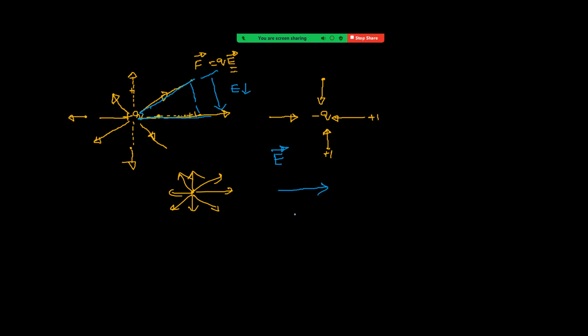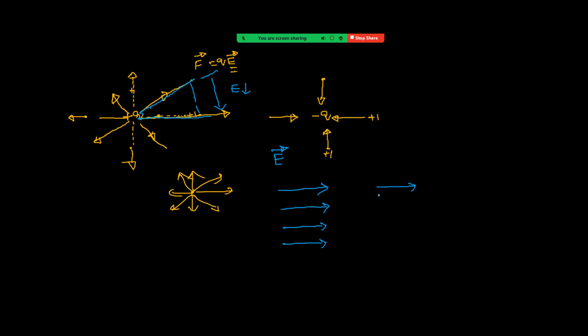Then field lines are parallel and equispaced. If you take two successive lines, the separation is the same and they are parallel. So this represents a uniform electric field. Suppose I'm drawing like this.